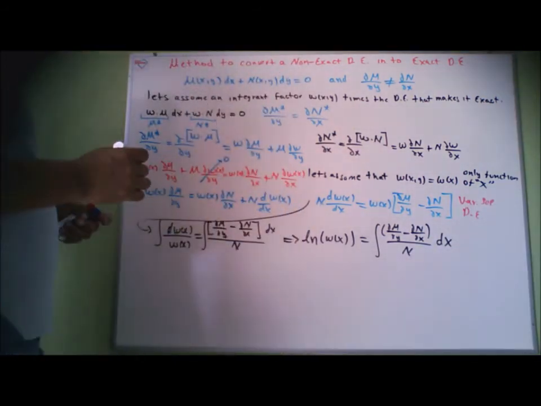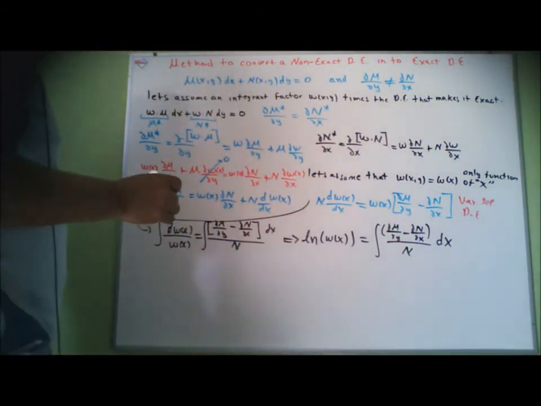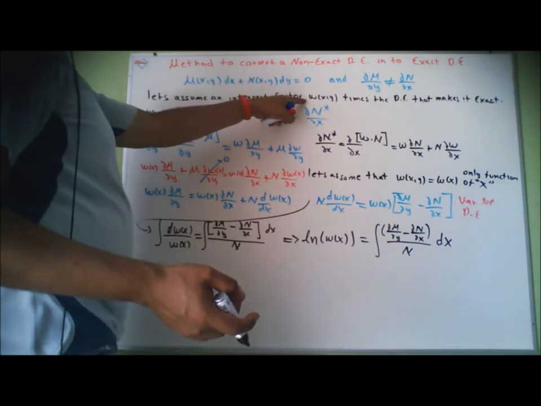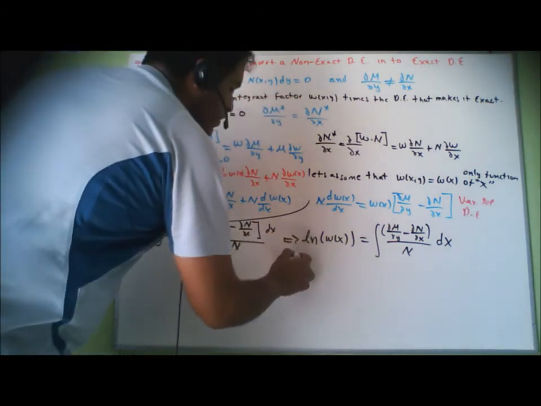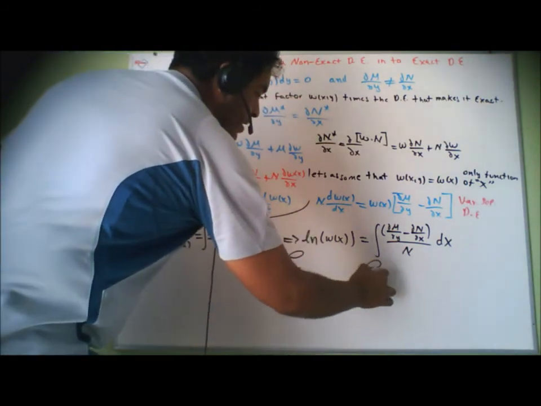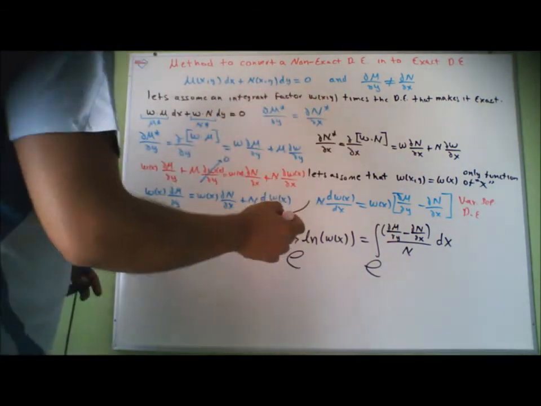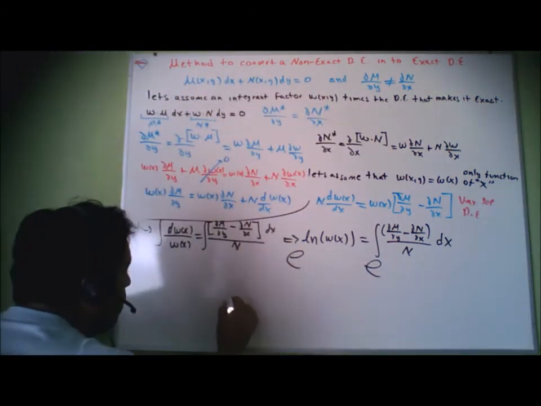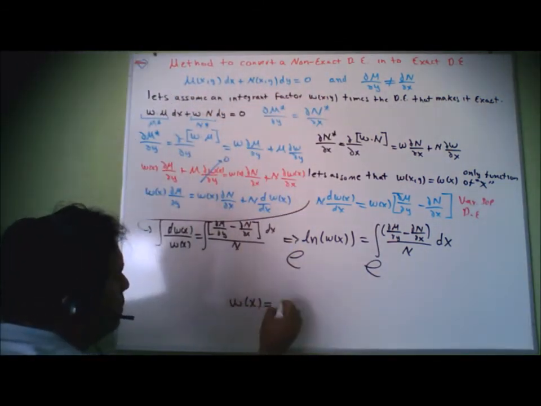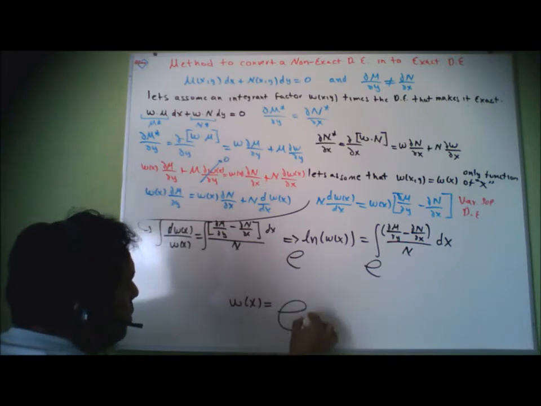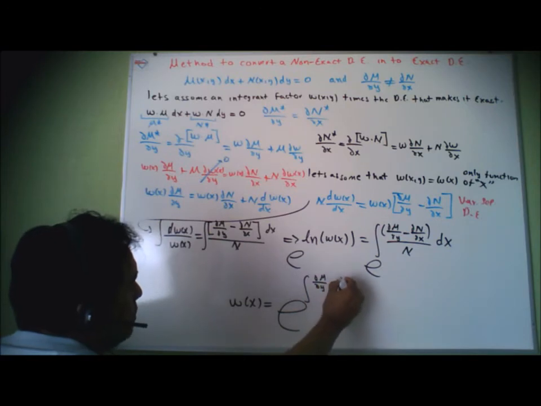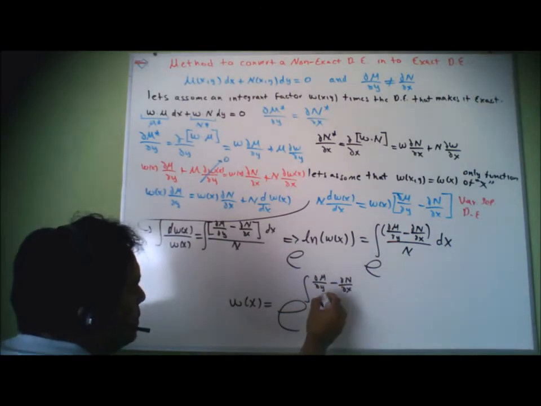Now, to clear the w of x, which is the thing we are looking for, we are going to take the exponentials on both sides. All right? So what is the value of w of x? The value of w of x is equal to an exponential of the integral of the partial of m with respect to y minus the partial of n with respect to x over n, differential of x.